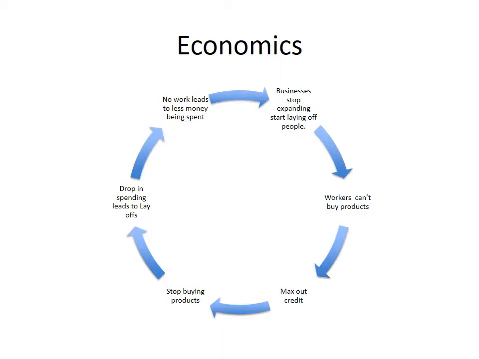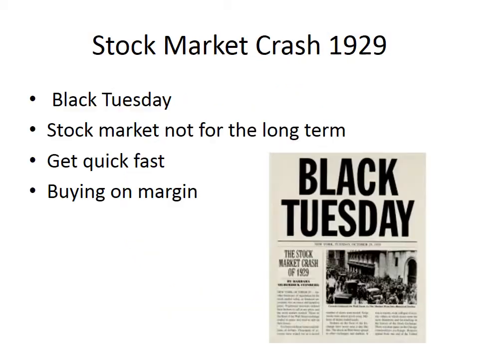So you can see it's just a circle that keeps going around and around. And it's important to understand this as one of the causes for the Great Depression: simply a decline in demand, too many products, people being laid off, not having money, can't buy products, products can't be made. And around it goes.